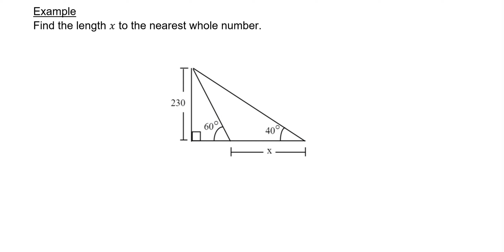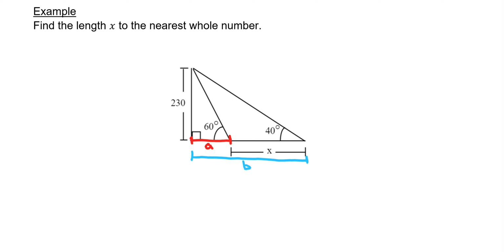And what we're going to do here is from this little triangle, we're going to go ahead and find this side, which I'm going to call length A. And then for this entire triangle, we're going to find this whole entire side at the bottom.